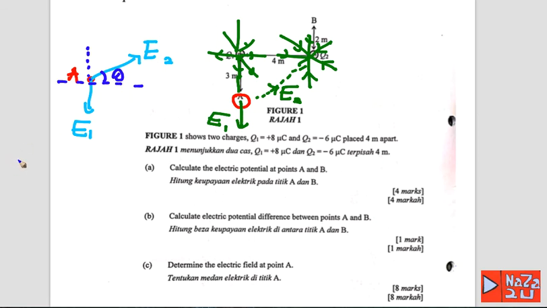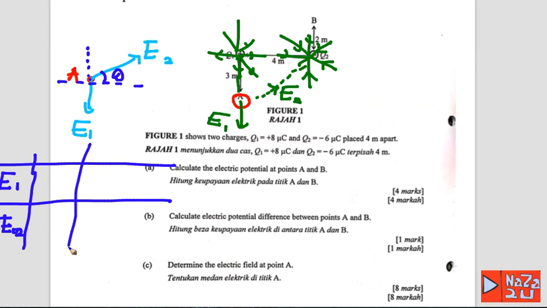First you must find the value of E1 and E2 by drawing a table here, this is for X, this is for Y. For E1, which is on the Y axis, the X component is equal to 0, and E1 is calculated as E1 equal to KQ1 over R.